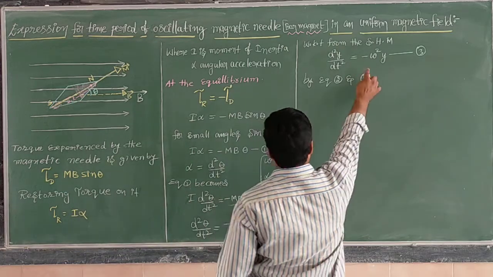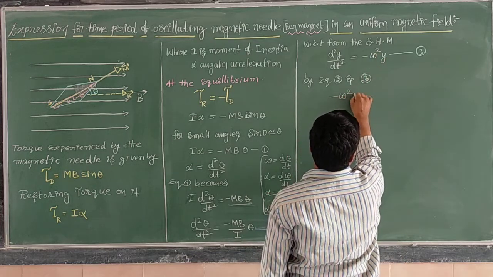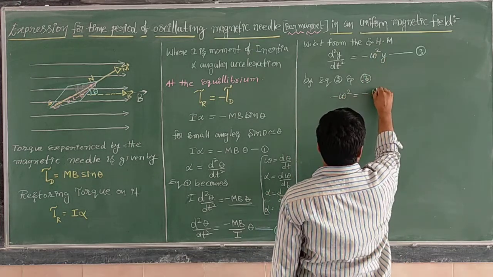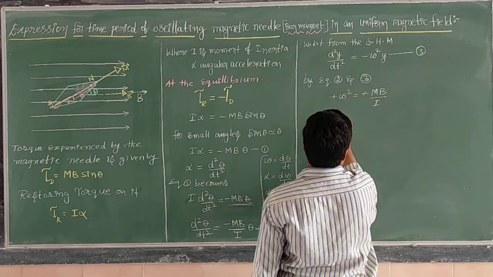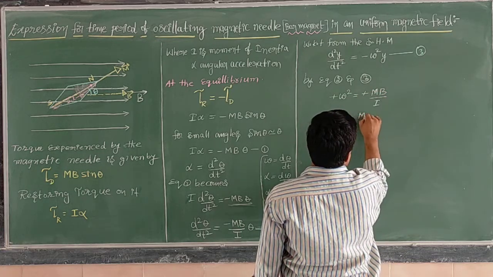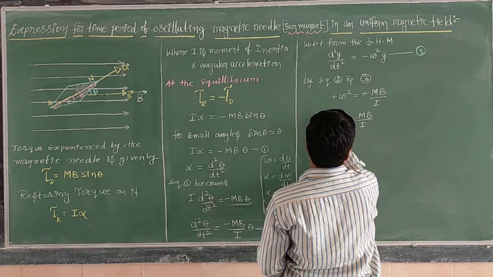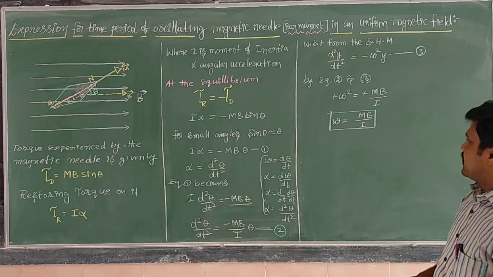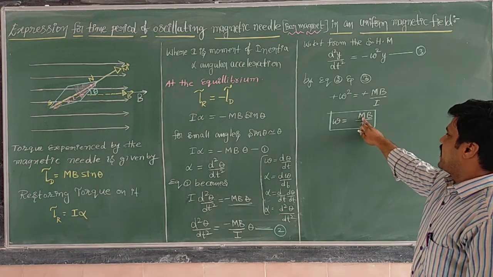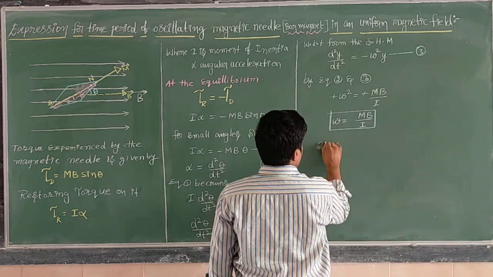We have to compare only this: minus omega square equal to minus mb divided by I. Minus cancel. Omega is equal to square root of mb by I. This is nothing but angular velocity written in terms of the magnetic field, magnetic dipole moment, and moment of inertia.